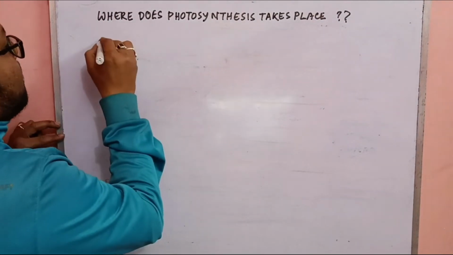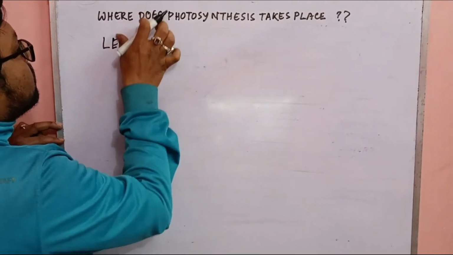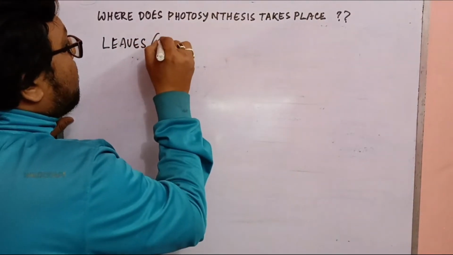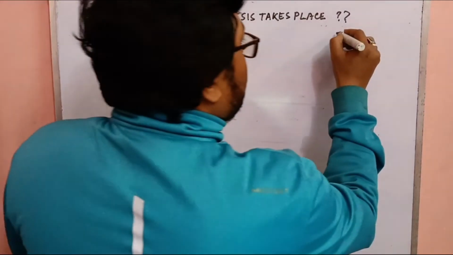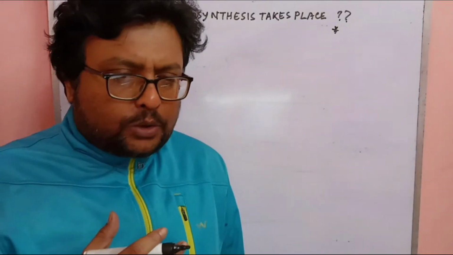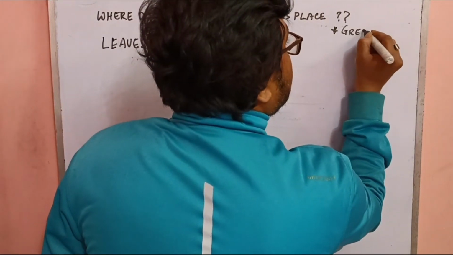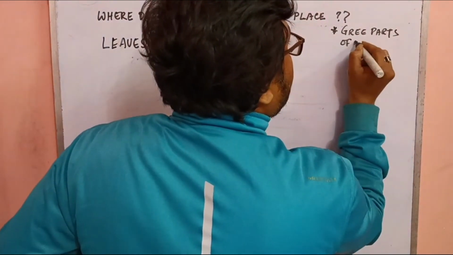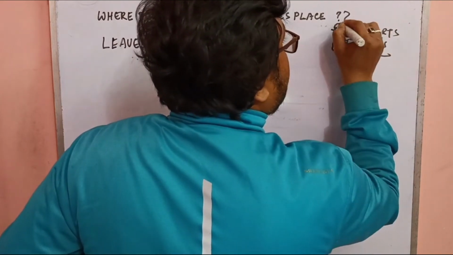We can simply say that it takes place in leaves, in green leaves. কিন্তু একটু মাথায় রাখবো, it is not written or given in NCERT, but we should also remember that green parts of plants, সেখানেও photosynthesis হয়. So we should remember this.